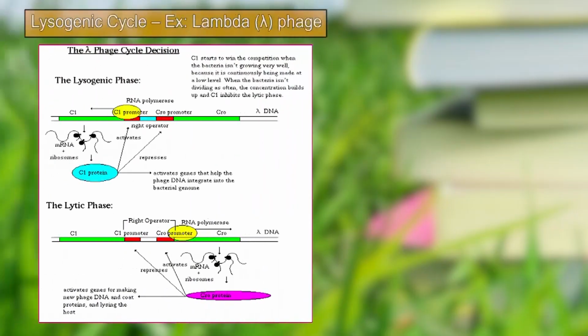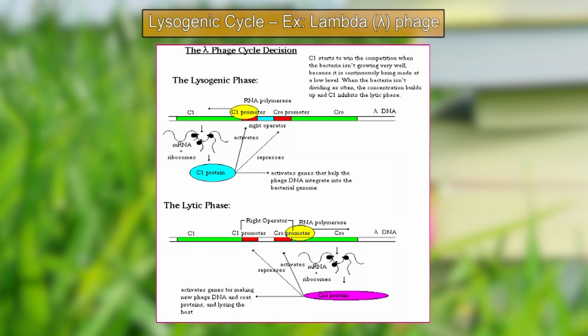Now we can see that when the bacteria isn't growing very well, then the lytic phase is inhibited. That is, the C1 protein activates the C1 promoter and inactivates the CRO promoter. And if the C1 protein gets activated, then the lysogenic phase will progress.